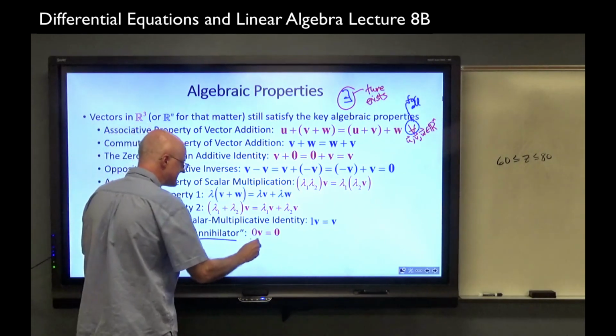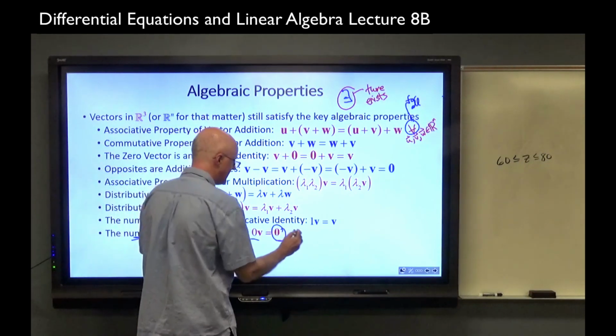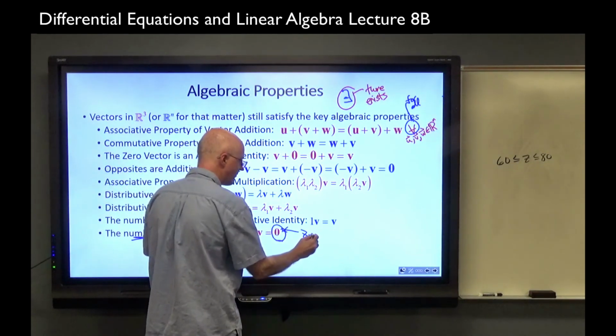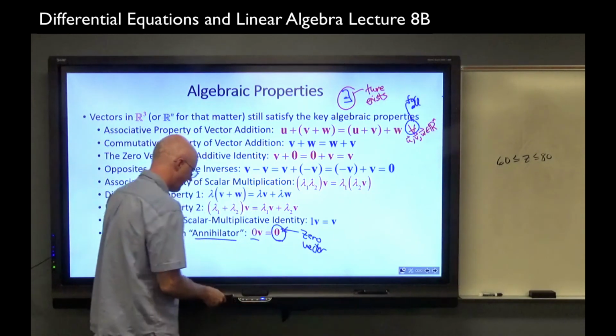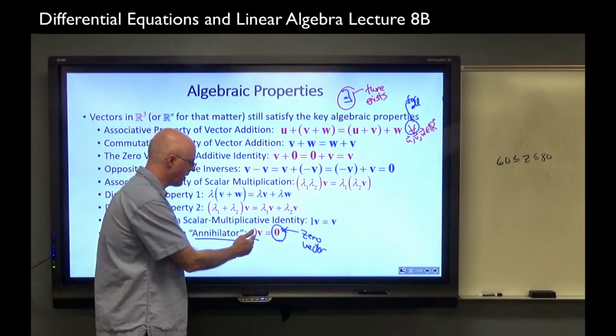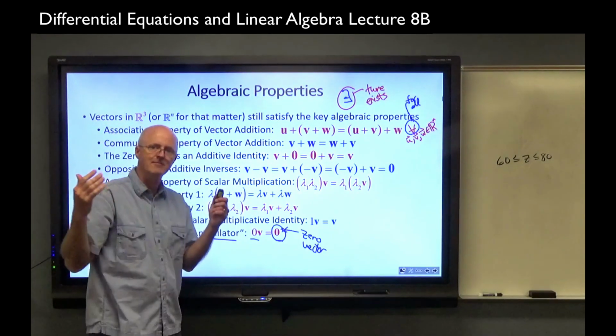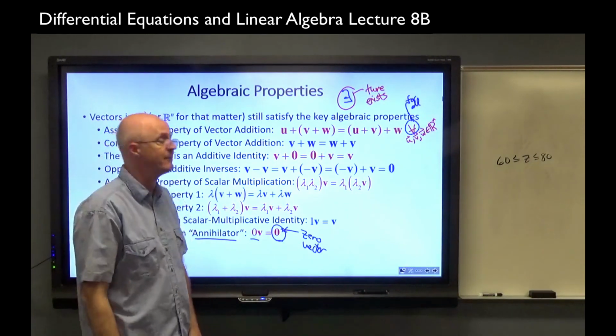Notice this is the number 0, this is the 0 vector, because it's bold-faced. Here's a point where you want to keep track of what's a number and what's a vector. So multiplying by the scalar 0 annihilates V, makes it become 0, so to speak. That's just pretend in your mind, in your imagination.